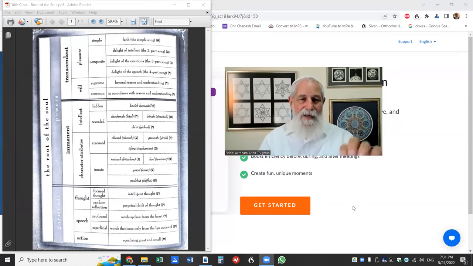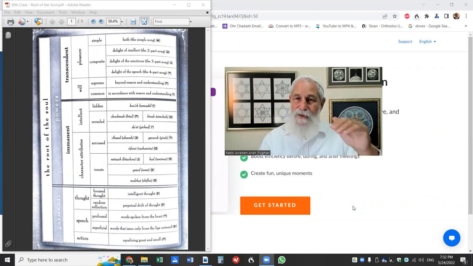And here, the hidden, you look on the right, is called Koach HaMaskil, the power of intellect. Now, even though we have these two black lines dividing between transcendent and immanent, we're told that wisdom, understanding, and knowledge, there's two levels.